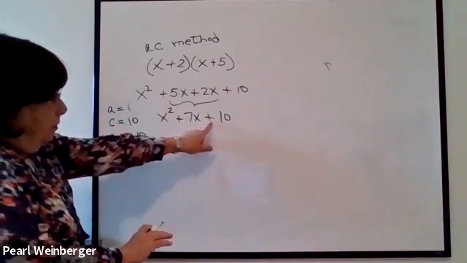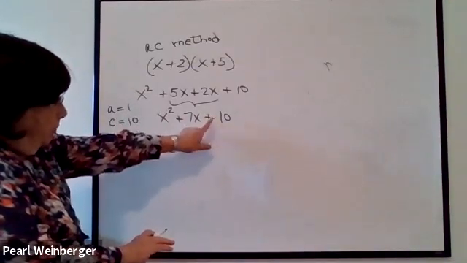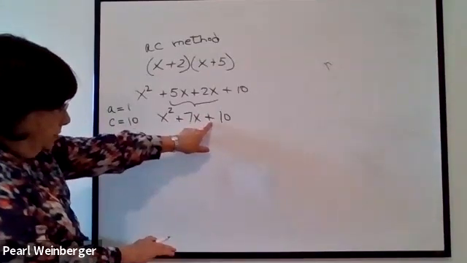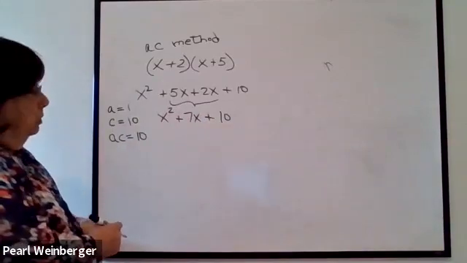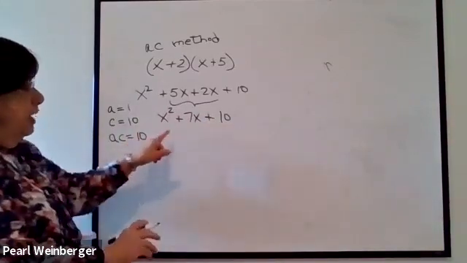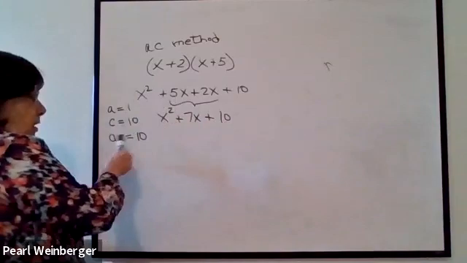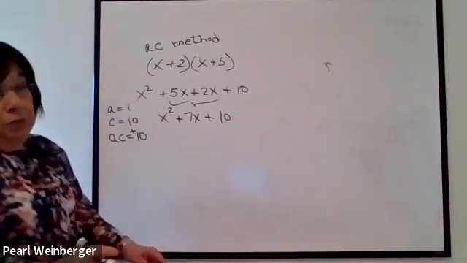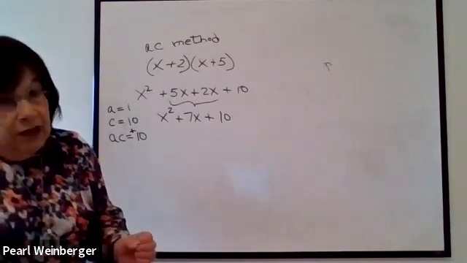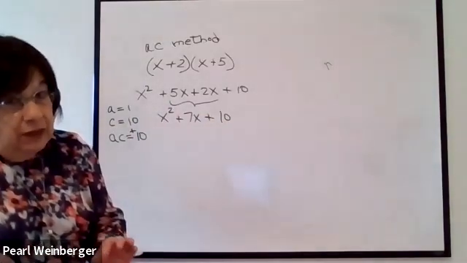And when I add them, and I know it's going to have to be added because this says plus, they're going to add to that middle number. So that's what I do. I figure out my AC. I usually don't put in the plus, but I have to keep in mind it's a positive 10.